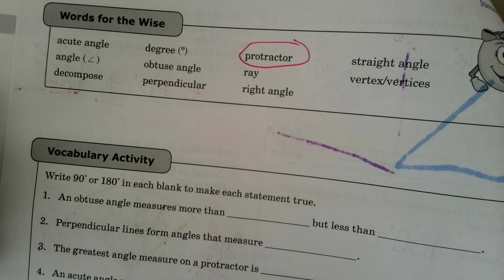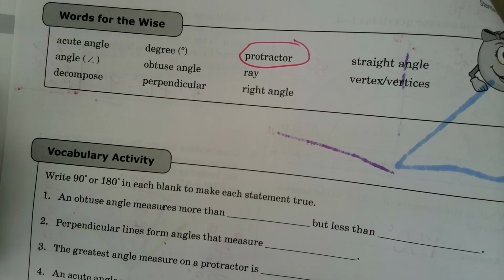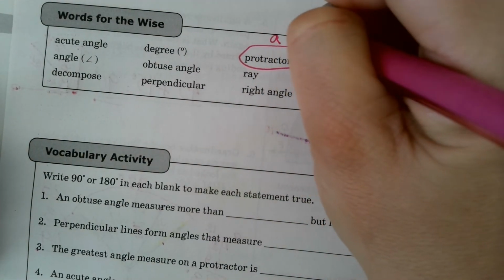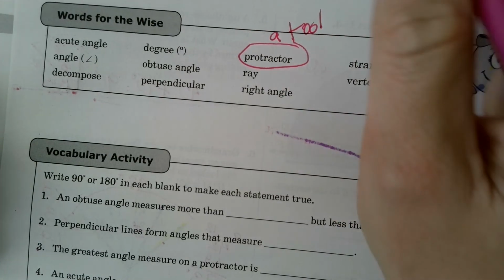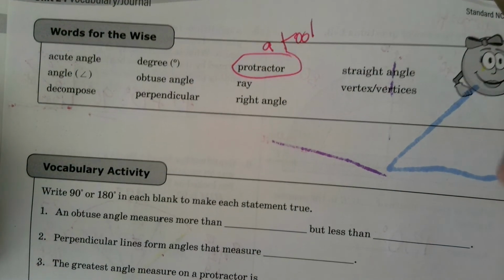But you should be familiar with what a protractor is based on this lesson already, since we have been using a protractor. I'll write it for you, the exact definition. Okay, it is a tool used to measure angles.